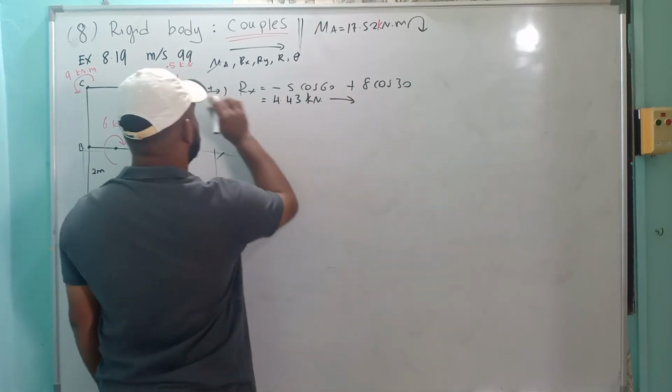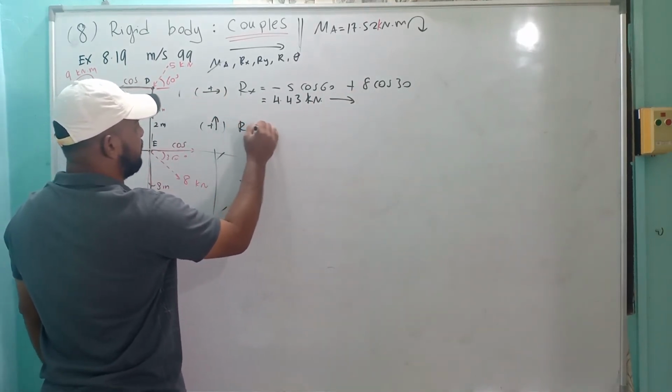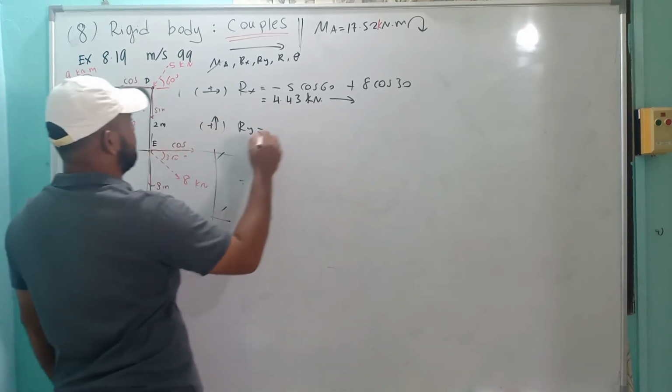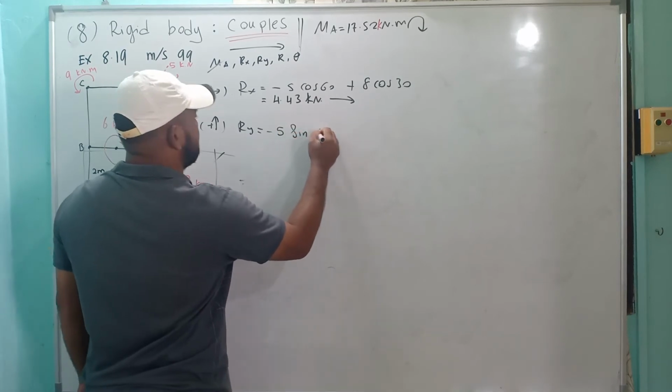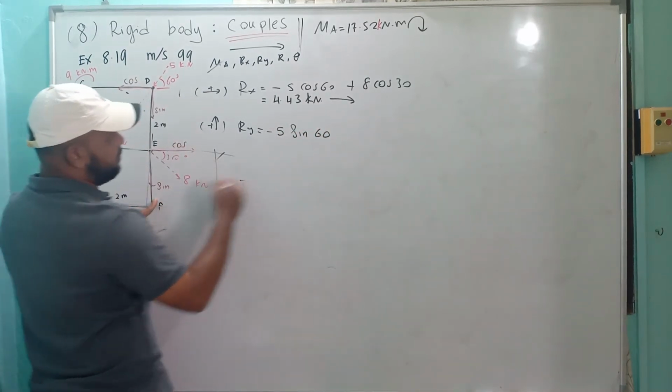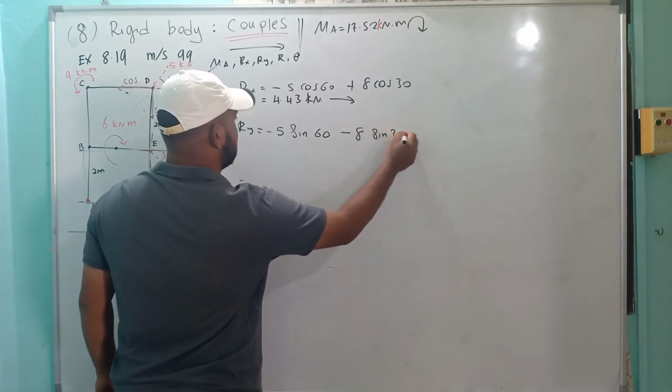Positive, so this direction. Upward is positive for Ry. This one is downward, so negative 5 sin 60, and this other one is also downward, negative 8 sin 30.